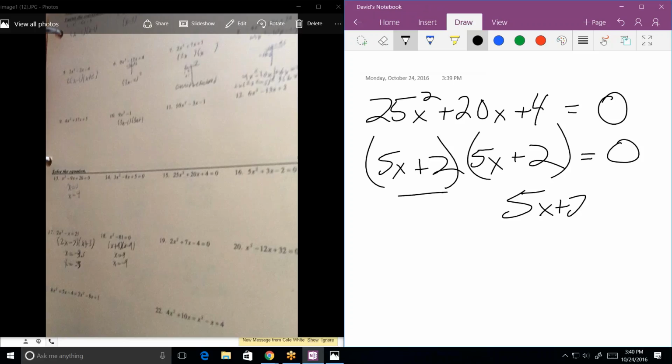That's how you do it. You set both of them equal to 0, but in this case, they're both the same, so we can get our solution by just setting one of them equal to 0. That equals negative 2/5.